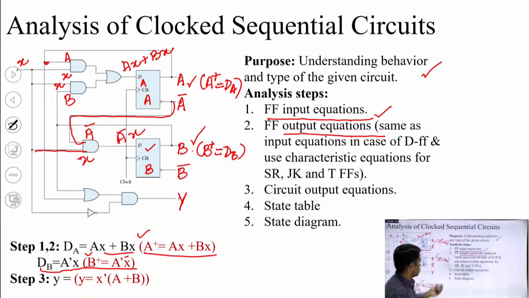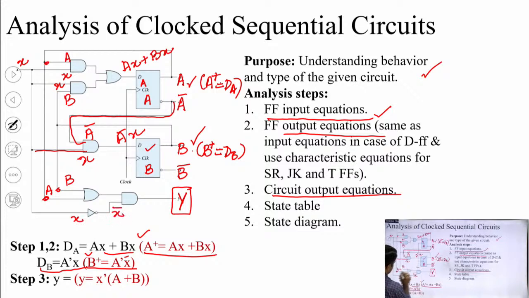So let's proceed further. This is the flip flop output equation, and the third step is the circuit output equation. Our circuit output equation is the equation for this Y. We can see that these 2 points correspond to B and A, and this is X and this corresponds to X bar.